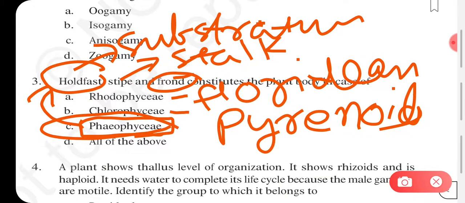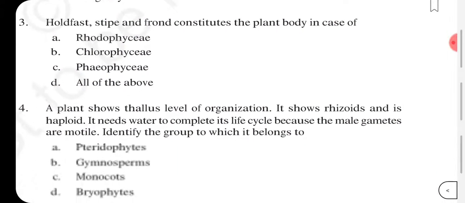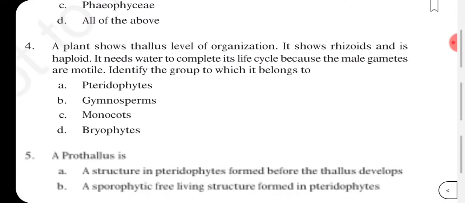Fine. These three structures, holdfast, stipe and frond, we see in brown algae, that is Phaeophyceae. So here the correct answer is Phaeophyceae, because these three structures are seen only in brown algae. Moving on to the next question, question number 4. It is given that a plant shows thallus level of organization, it shows rhizoids and is haploid.